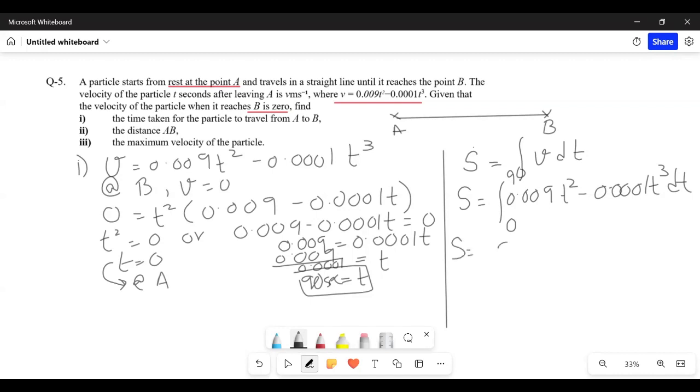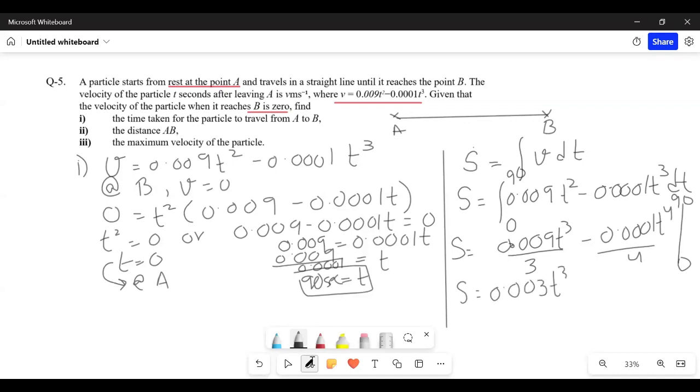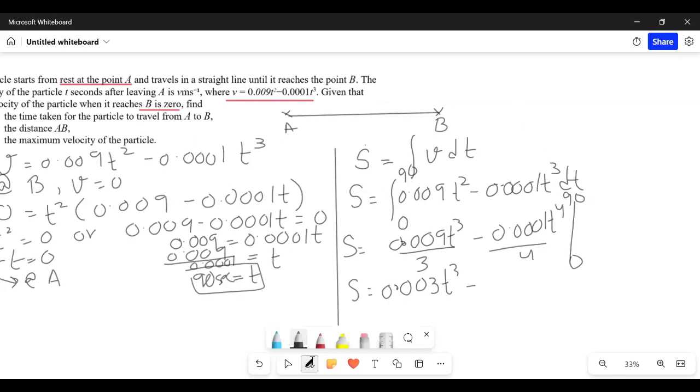Okay. So we get 0.009 t cube upon 3 minus 0.0001 t power 4 upon 4, and the limits are 90 and 0. So we have 0.003 t cube minus, this would be a small decimal number, 0.0001 divided by 4 is 2.5 into 10 power minus 5 t power 4.